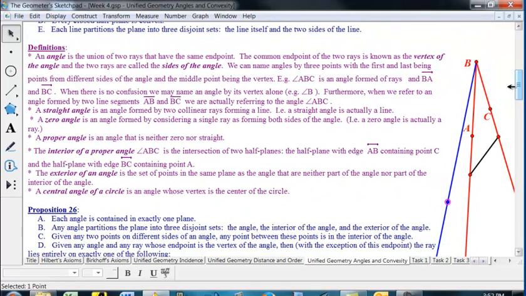We're not counting the vertex up here, so except for that endpoint, which of course lies on the angle, it is the vertex.